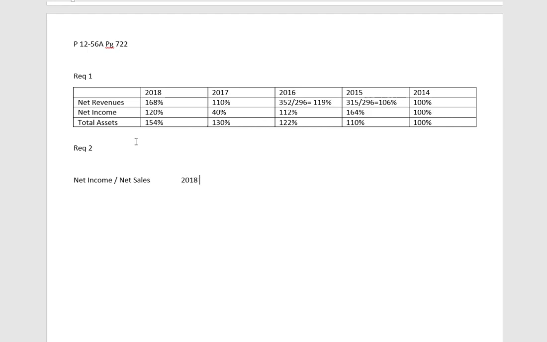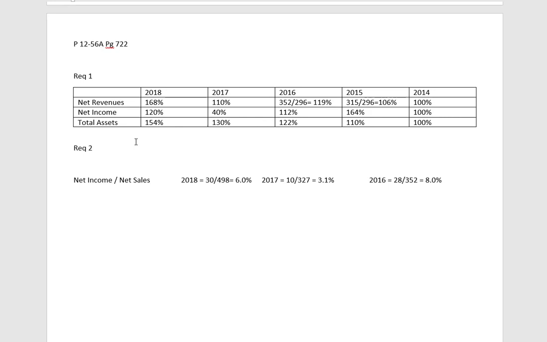So for 2018, this equals 30 divided by 498, which according to my math is 6%. 2017 is $10 divided by 327, and 2016 is $28 divided by 352, which is equal to 8.0%, okay?